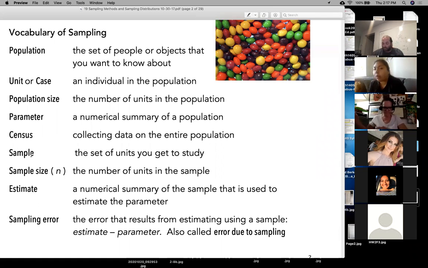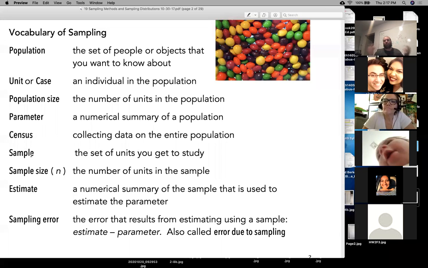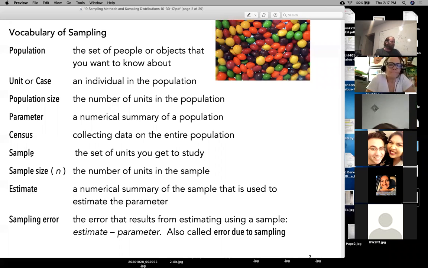The sample is, if you're not taking the entire population, but you just take a sample, then those are the ones that you're using to infer something about the entire population. So for example, if I want to know the average height of every American, maybe I'll take the average height of every person at CSUN. That will be my sample.